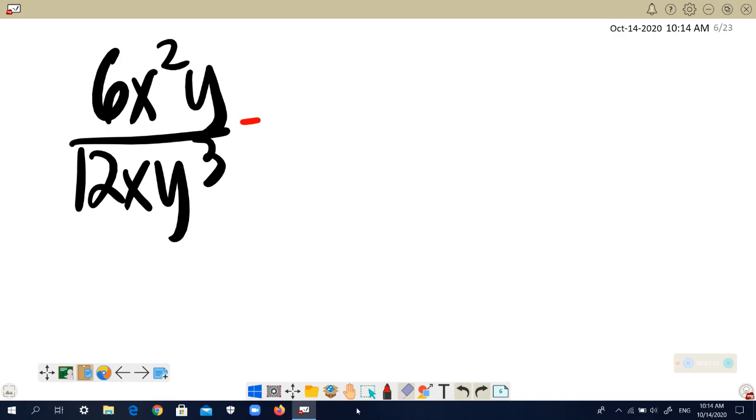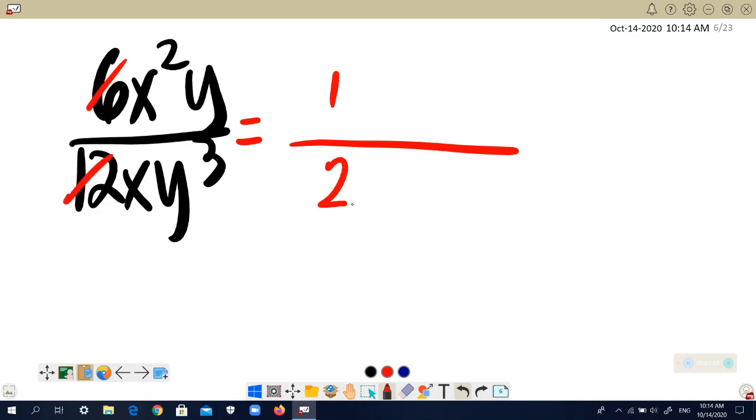Then again, just like what I have done earlier, the GCF of this is 6, so it will become 1 over 2. Then look for the variable with the greater exponent. That is the part of the fraction where you have to write your variable.